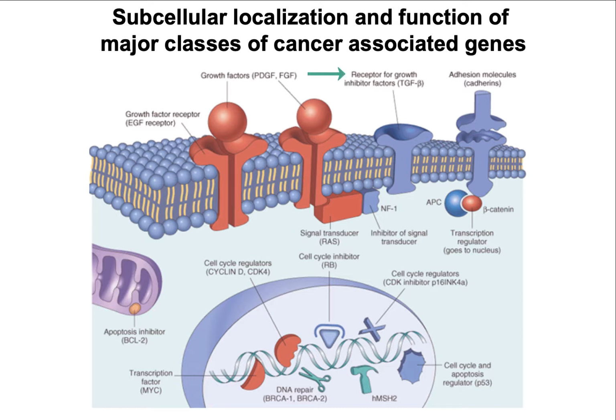Then you have regulators of growth, adhesion molecules such as the cadherins, which are cell-to-cell recognition, APC, which is a tumor suppressor, and then some of the molecules that act inside the nucleus, including cell cycle regulators, DNA repair recognition proteins such as BRCA1 and BRCA2, cell cycle inhibitors, and transcription factors.